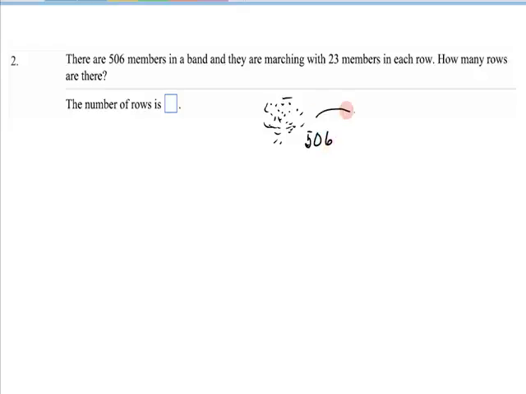And as a band director, you're saying, I want 23 in this row, and 23 in this row, and 23 in this row. So, how many rows will there be? Let me go back. X is the number of rows.